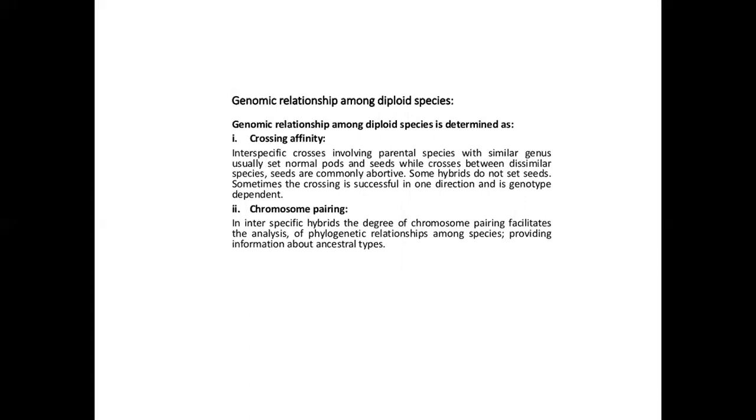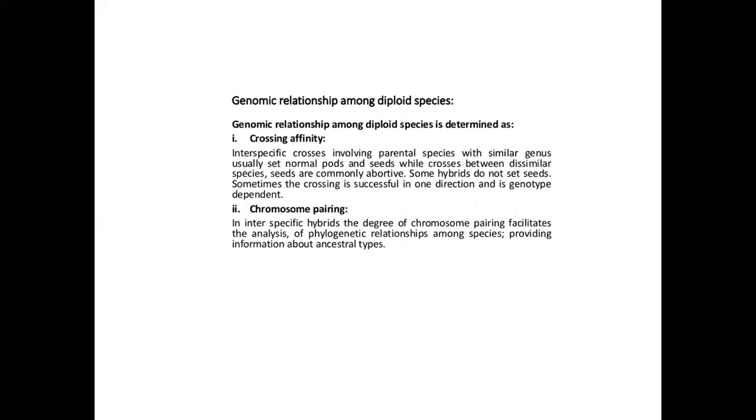Genomic relationship among diploid species. Genomic relationship among diploid species is determined as crossing affinity. Interspecific crosses involving parental species with similar genomes usually set normal pods and seeds, while crosses between dissimilar species commonly have abortive seeds.